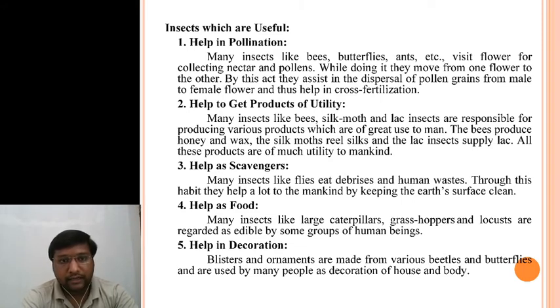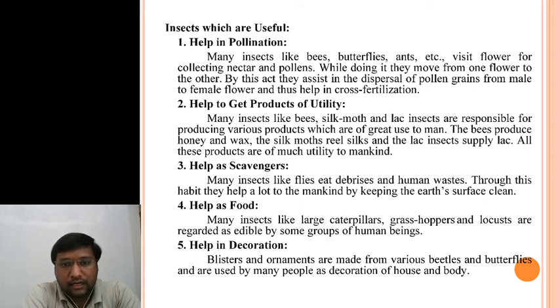Then next, it helps as food. Many insects like caterpillars, grasshoppers and locusts are regarded as edible by some groups of human beings. So some insects are directly used by humans as food. Then next, it helps in decoration.